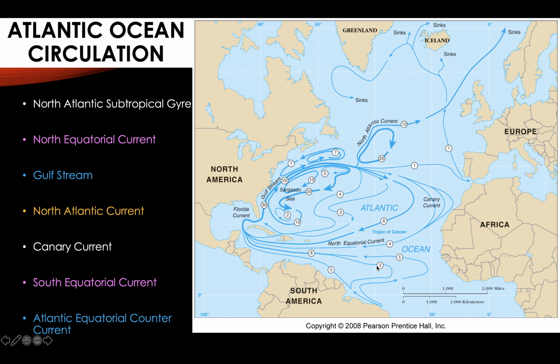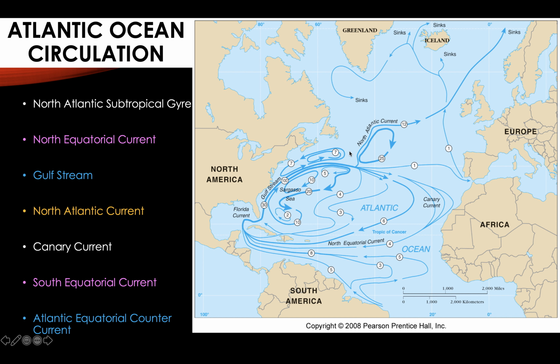And you can see the thickness of each current, right? The thickness of each current, the boldness of it tells you the speed, right? So you can see the fastest moving current here is the Gulf Stream, right? So this comes up here around Florida and then follows up the east coast of North America.